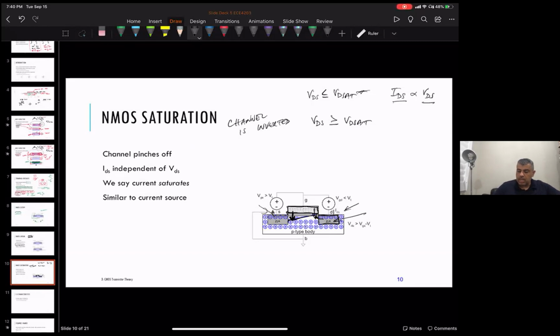So you pinch off the channel, but you don't eliminate the drain to source current, because this current still goes to here, but it jumps across to the drain because there's enough electric field to do it. Again, we won't get into that. But basically what happens is the drain source current is now independent of VDS. Okay, so this is linear. This is saturation.